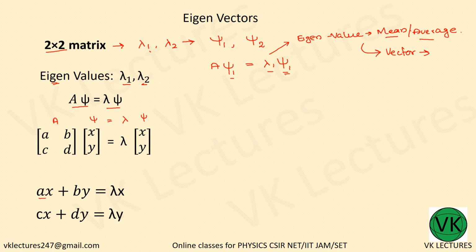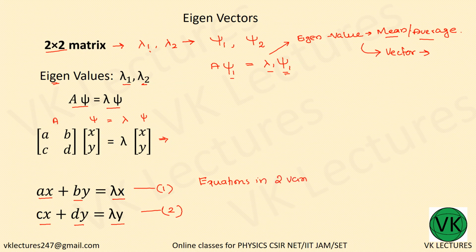we will get ax plus by equal to lambda x and cx plus dy equal to lambda y. These two are the equations that we have got from the eigenvalue equation, and these are equations in two variables.